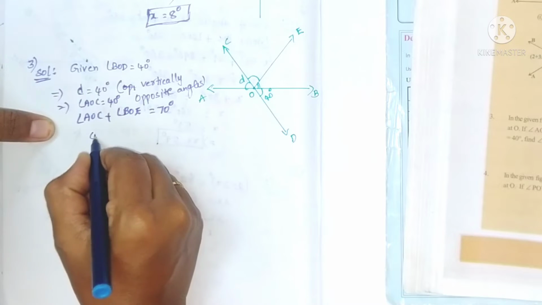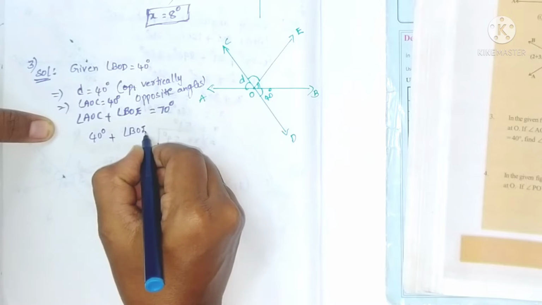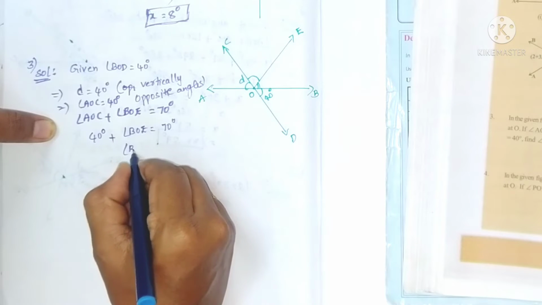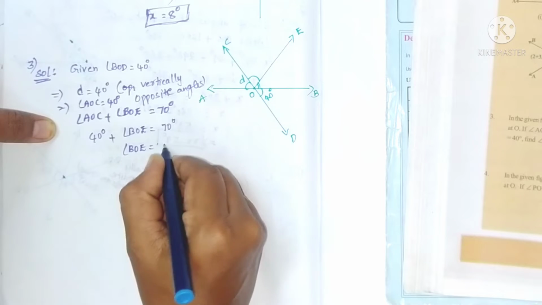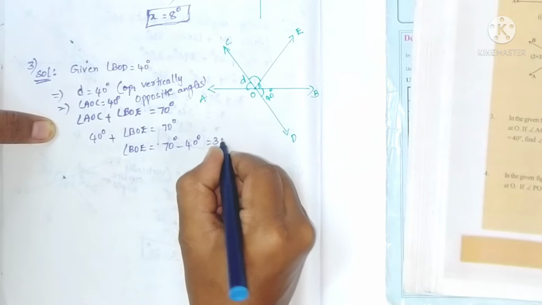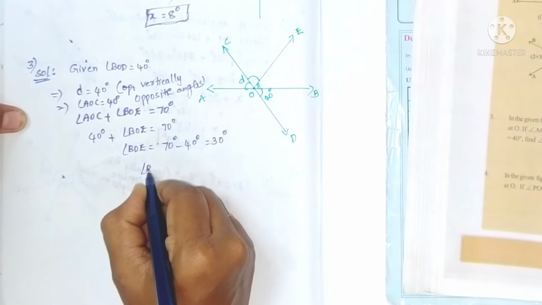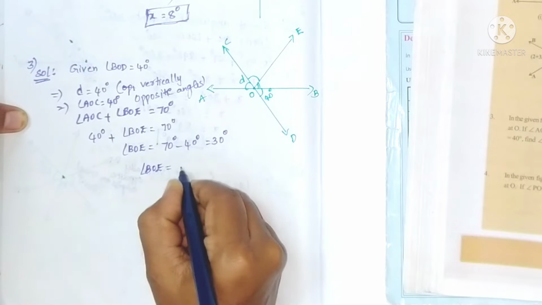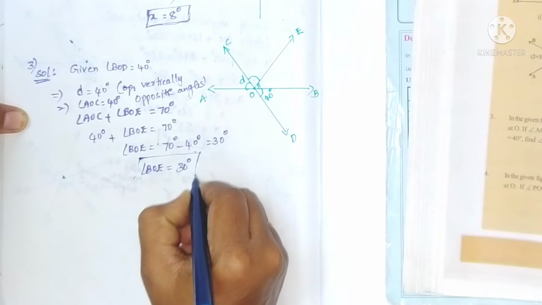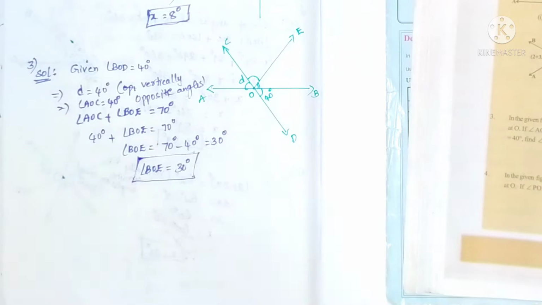In the place of angle AOC we will substitute 40 plus angle BOE equals 70 degrees. Now angle BOE equals 70 minus 40. It is 30 degrees. So angle BOE is 30 degrees.